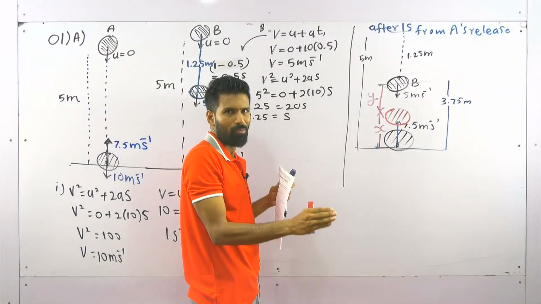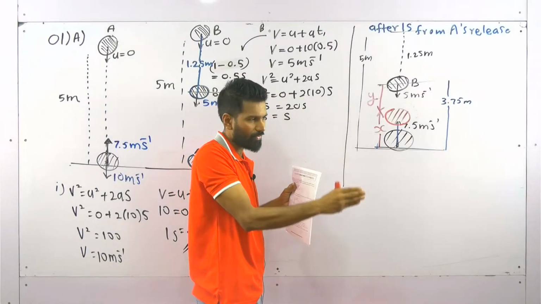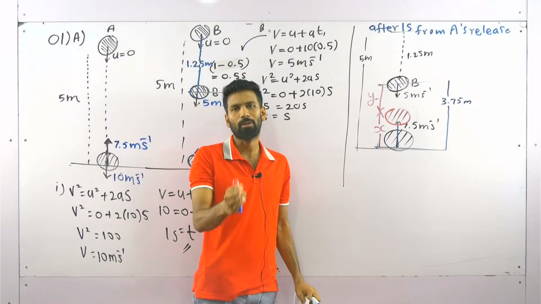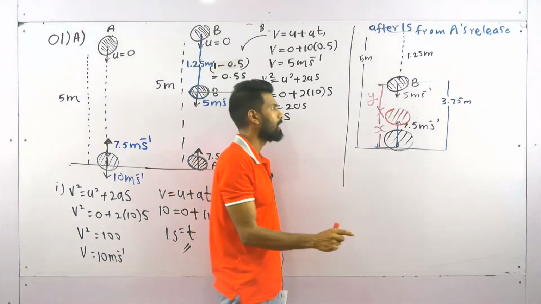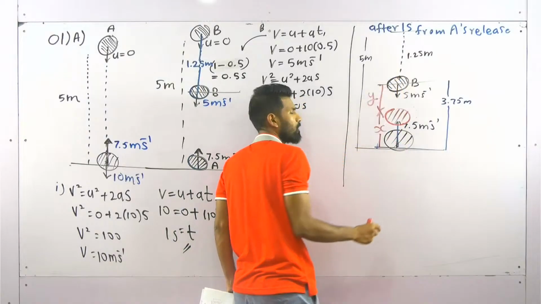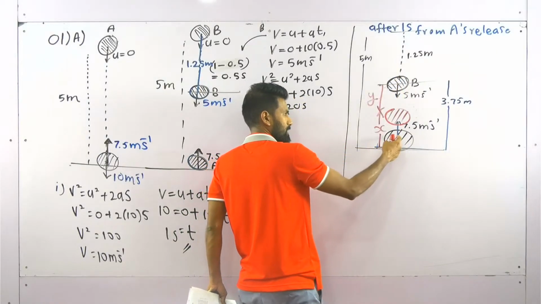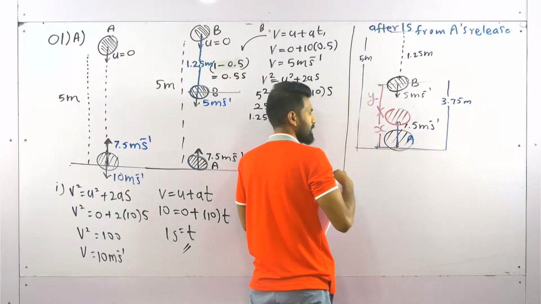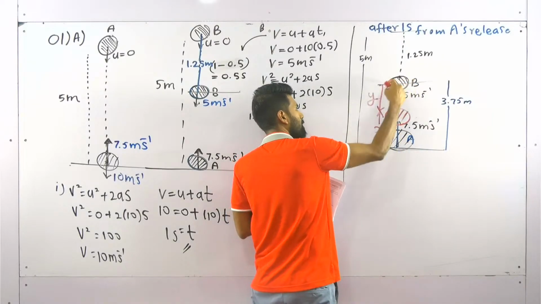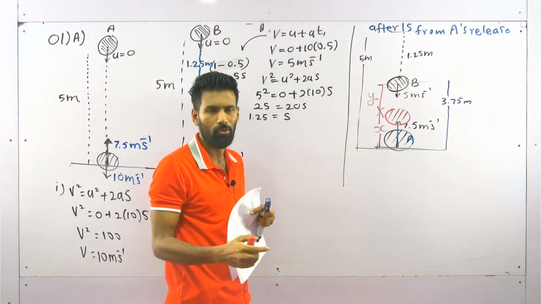From that, now I'm starting to calculate time after that 1 second. So after that 1 second, for these particles to collide, capital A has to move a distance x upward and capital B has to move a distance y downward.